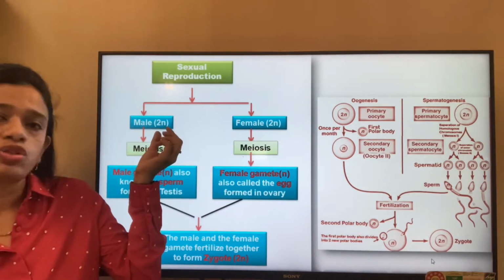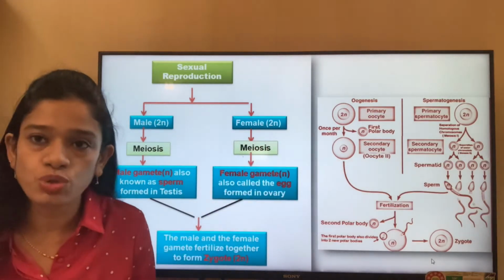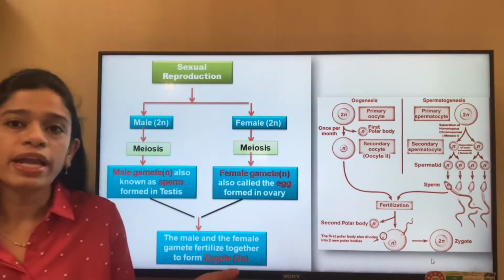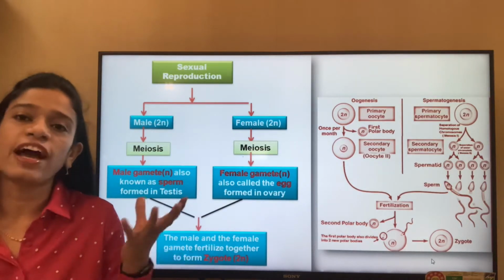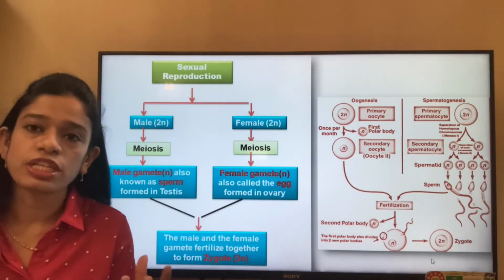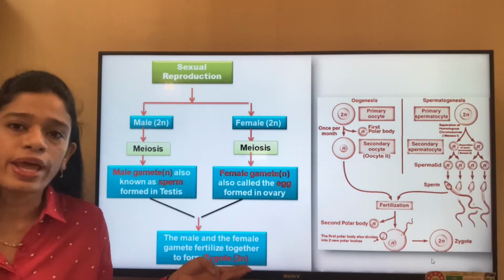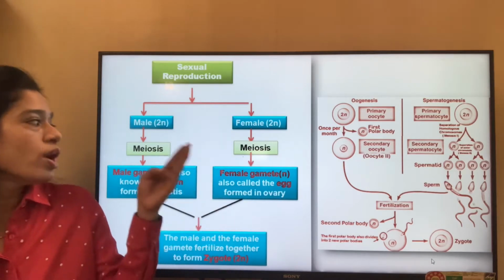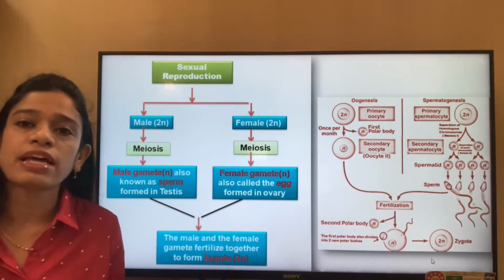The male has a 2N chromosome number and the female also has a 2N chromosome number. And the resultant zygote that develops after fertilization, the new one which is born, is also 2N. So this is 2N, this is 2N, and it combines again and forms 2N.